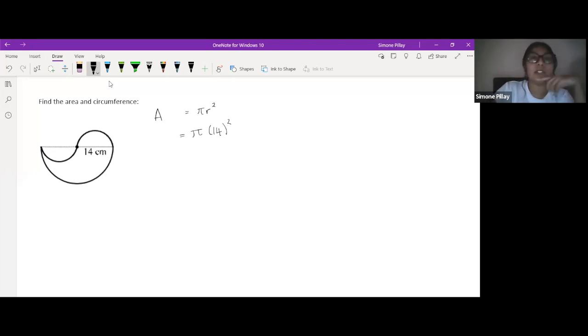But can you see that what you're doing right now is calculating the area of a full circle, which means you're giving me the area of this whole circle over here. Is that what I'm looking for? No, right? So what we can do is do the area of the semicircle over here.